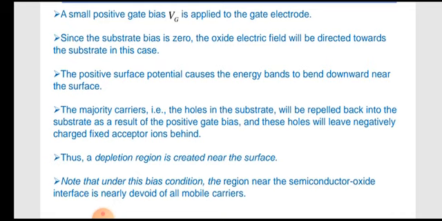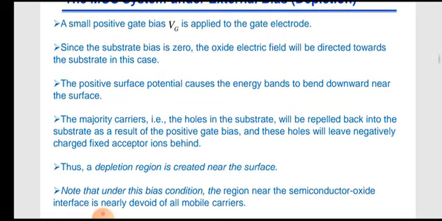Now in this case, as we are applying a small positive gate bias voltage here, the energy band is forced to bend downward near the surface, but when we apply a negative bias voltage to the gate, it is shifted upward.